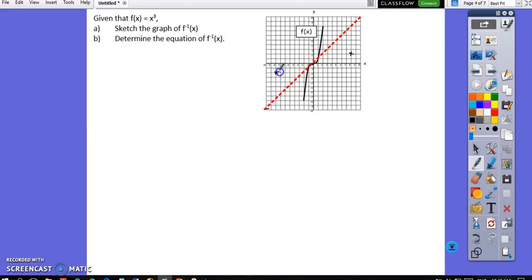So I'm going to get closer and closer to the y equals x here, and it will meet wherever it meets and go something like that. It has some bumps in it, but we have something that's been turned like this.